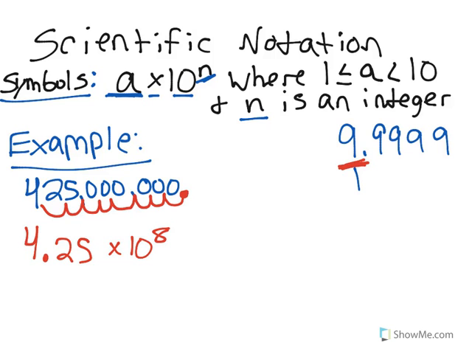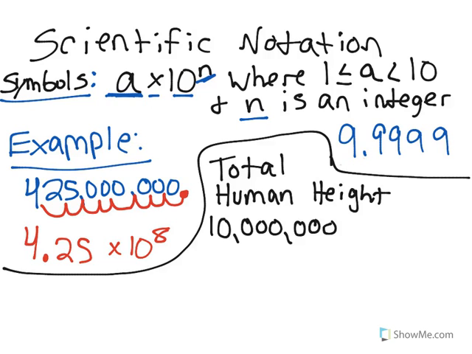Now, if the number we wrote was already big, like 1 or more, and we wanted to make it smaller, we would have a negative exponent. Let's say, for example, we're talking about the total human height. Let's say we took the approximate 7 billion humans on the planet Earth, and they all stood on top of each other's heads.